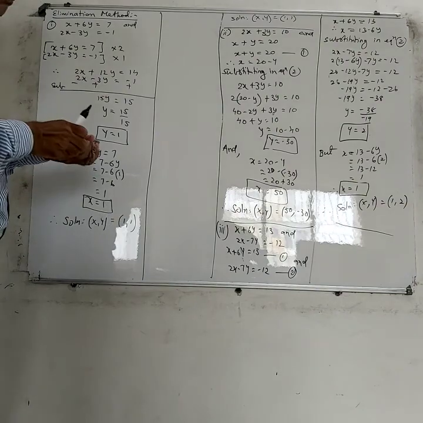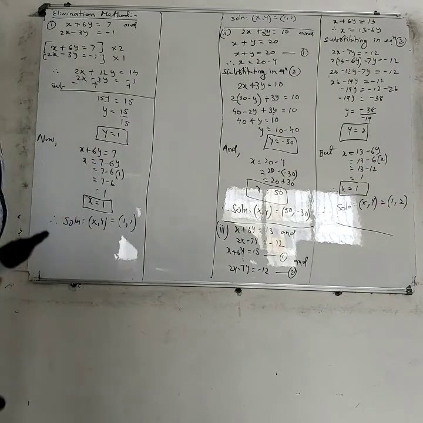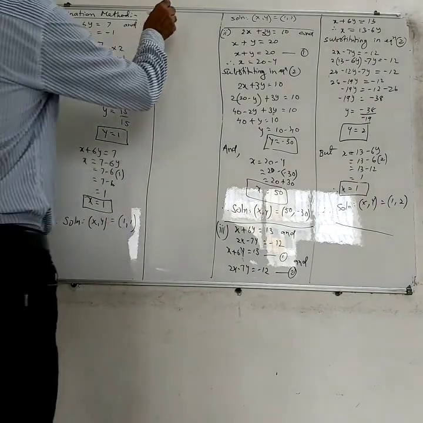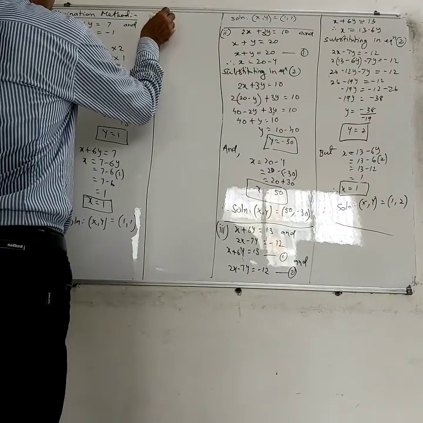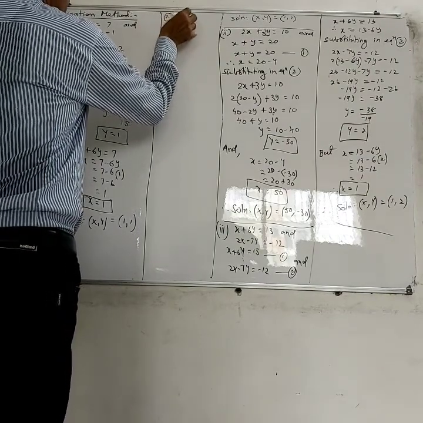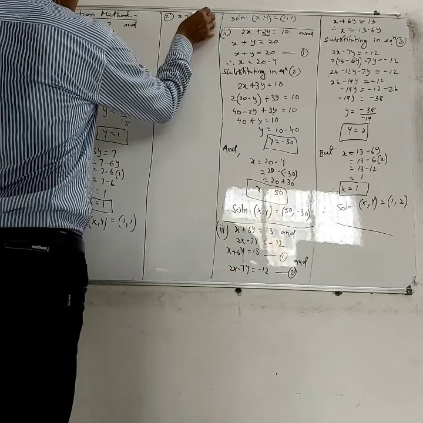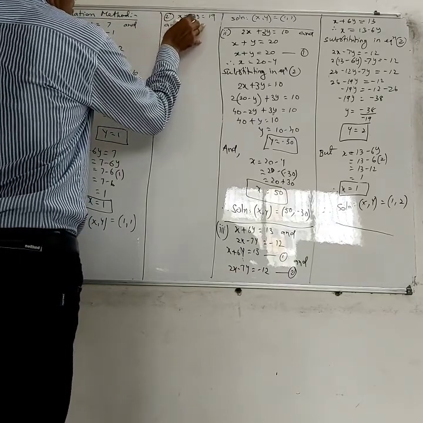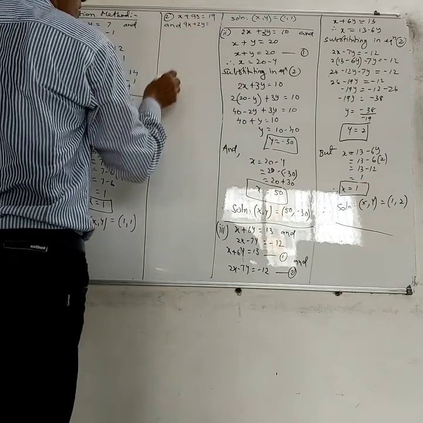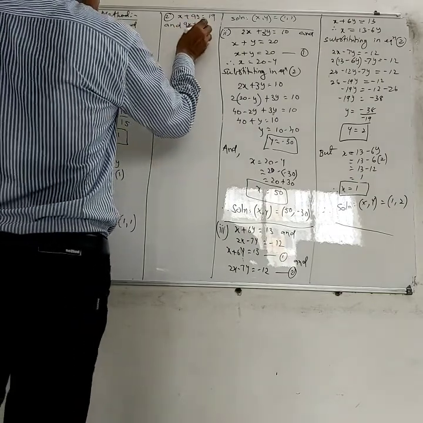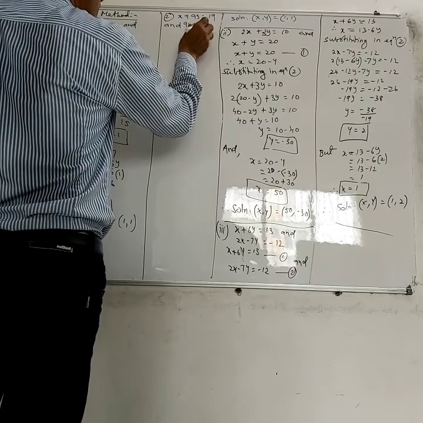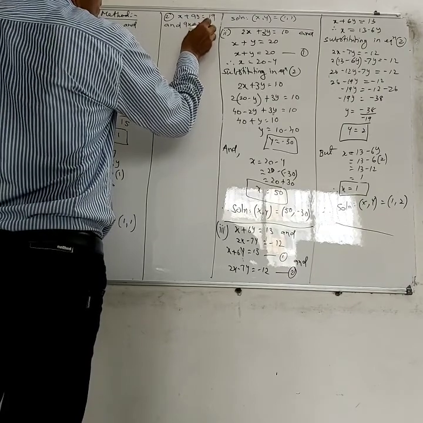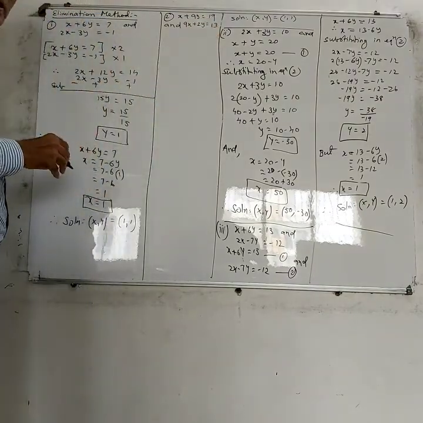We will take another example for this method. Let us take another one. x plus 9y is equal to 19 and 9x plus 2y is equal to 13.